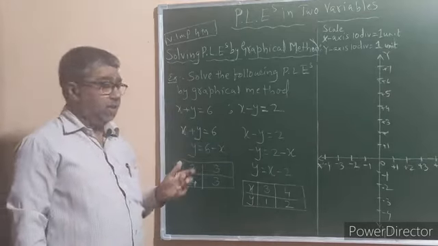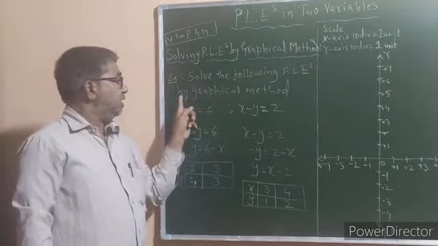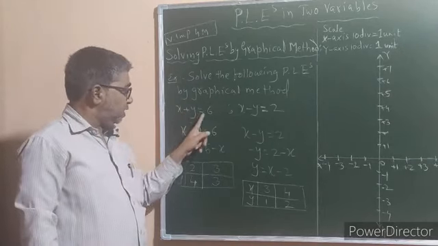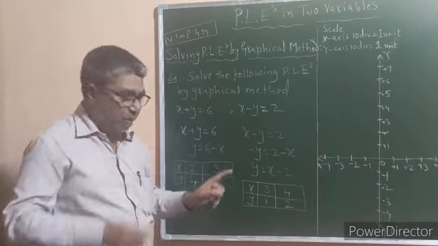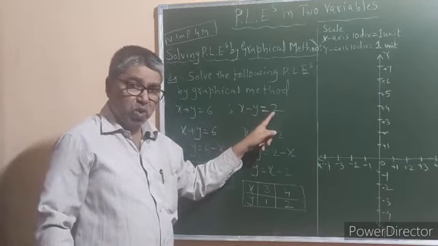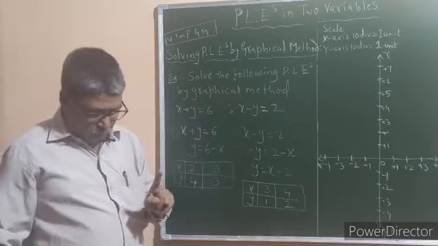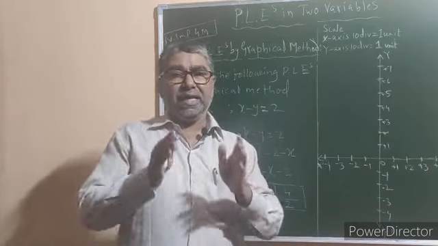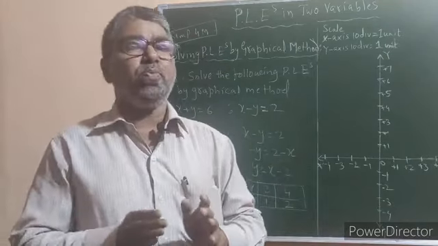The first example is: solve the following pair of linear equations by graphical method. The first equation is x plus y is equal to 6 and the second equation is x minus y is equal to 2. Now the solution of a pair of linear equations by graphical method consists of two parts.